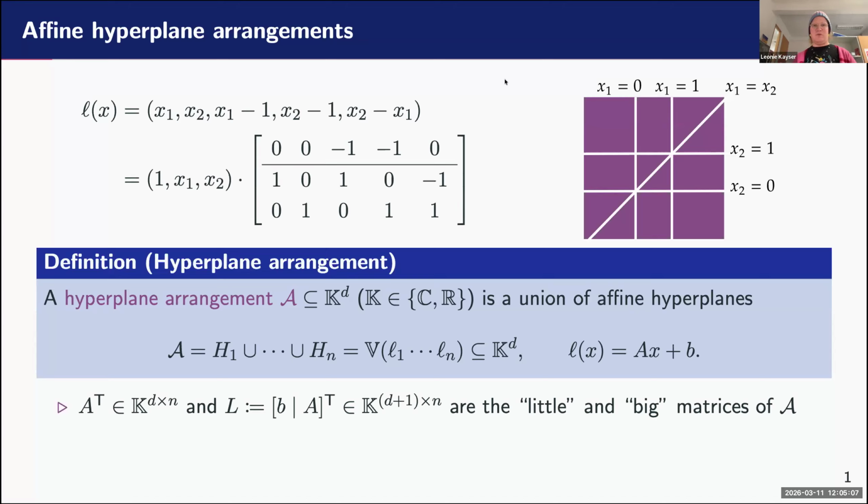I will be following somewhat the choices we made in the paper, which means that L will always be this rectangular matrix. This has n columns, one column for each linear form. The first row is the constant term, and then the other d rows are the coefficients of x1 to xd.